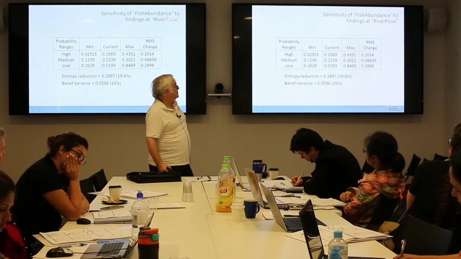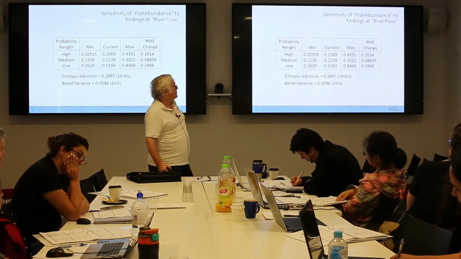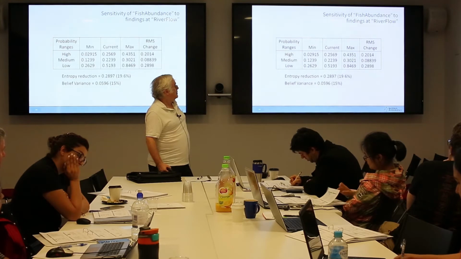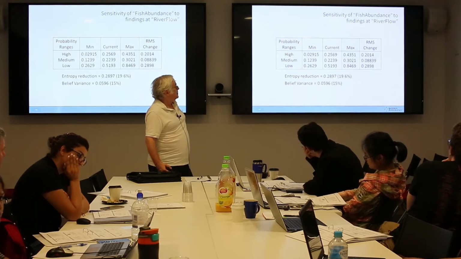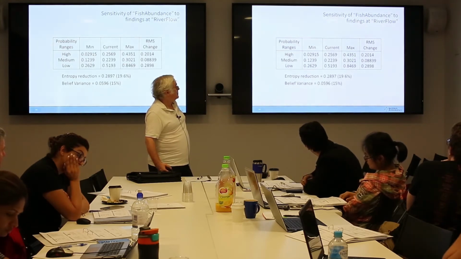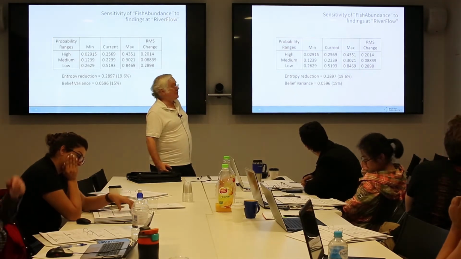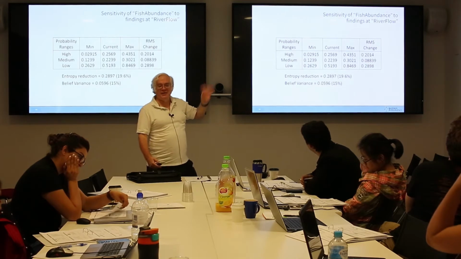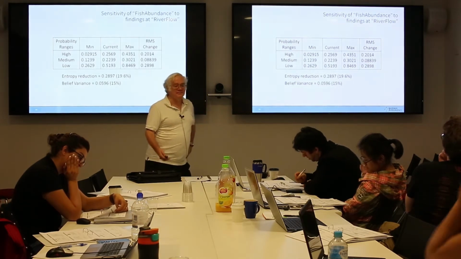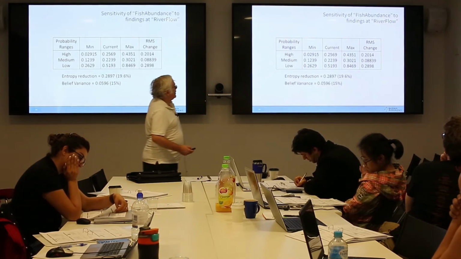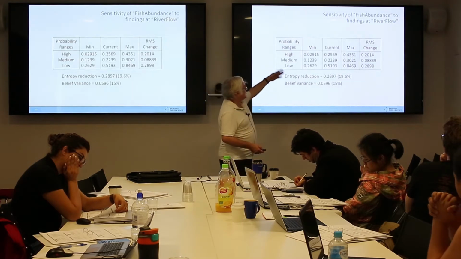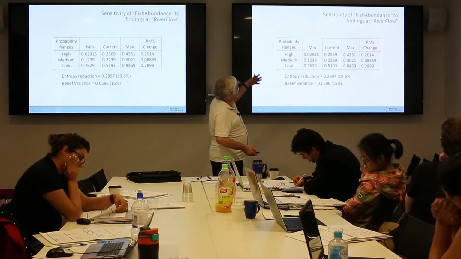So the top left corner should be 1 minus the bottom right corner of the max. Is that right? That's almost, not quite. Well, for this calculator, it's about right, but I think others might differ. Anyway, the point is just that you can look at entropy reduction.